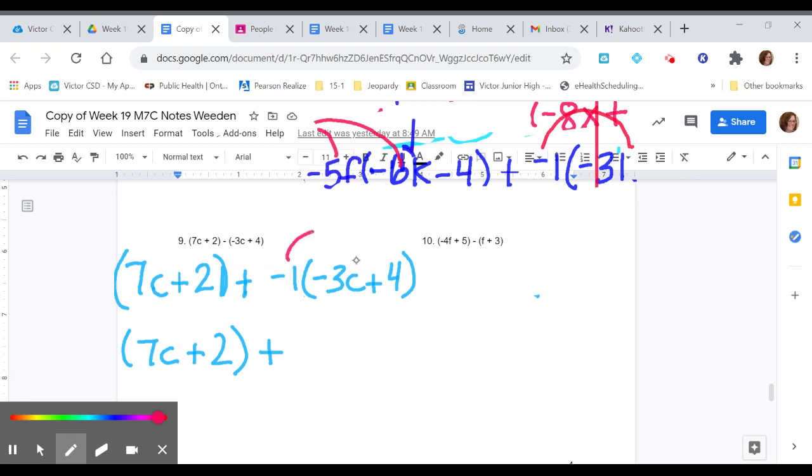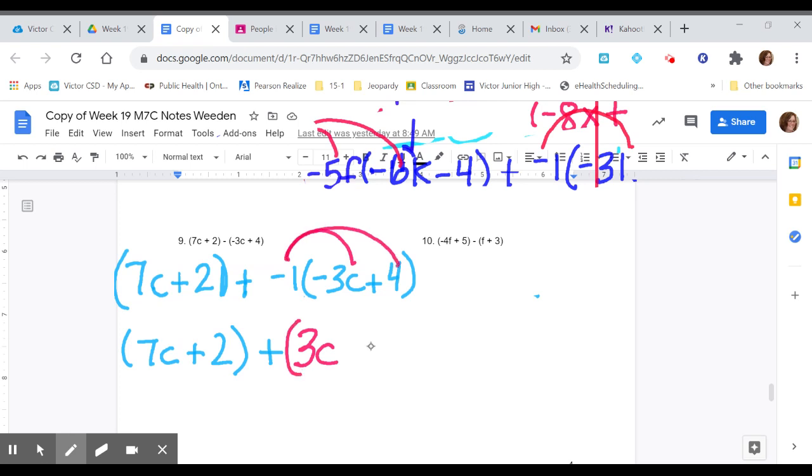Negative 1 times negative 3c is a positive 3c. Negative 1 times a plus 4 is a minus 4. You could write plus negative 4. It's the same thing. Combining 7c and 3c gives us 10c.